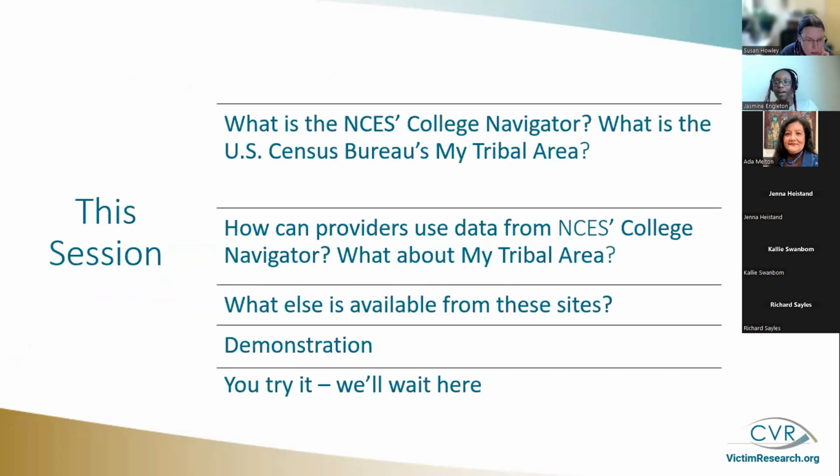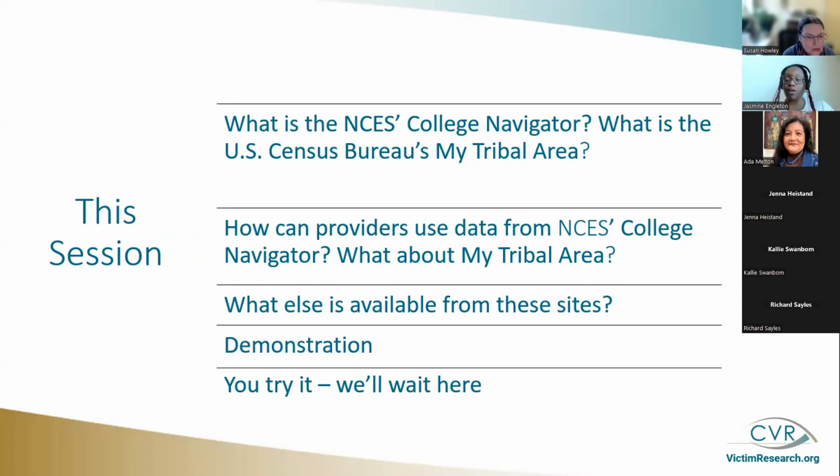So as I said, today we're going to be talking about community and tribal data. The two data resources we're going to be looking at are the NCES College Navigator and also the US Census Bureau My Tribal Area, sorry. We're going to be talking about how you can use this data and what you can learn from these sites, in terms of the different information that you can gather.